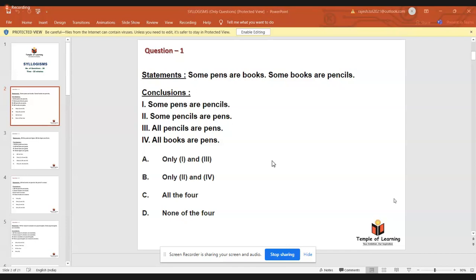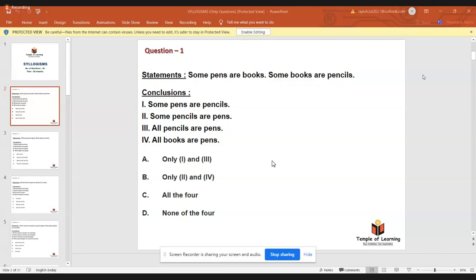Some pens are books, some books are pencils. Now, conclusions are some pens are pencils, some pencils are pens, all pencils are pens, all books are pens.